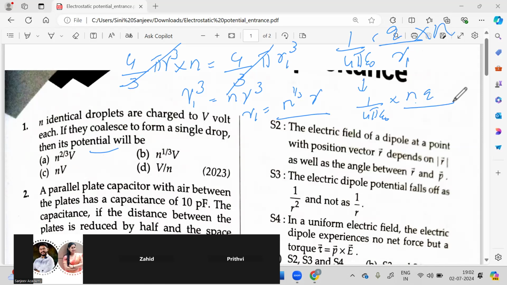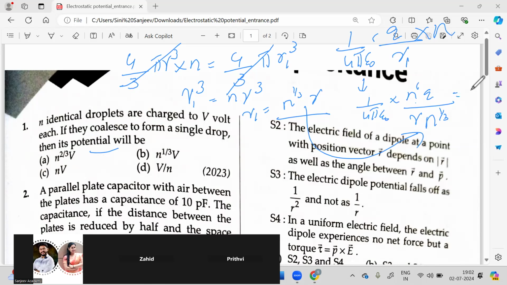What is my R1? R into n power 1 by 3. The same thing I'm going to substitute here. So nQ divided by r into n power 1 by 3. This is my n power 1, and this is my 1 by 3. Correct?